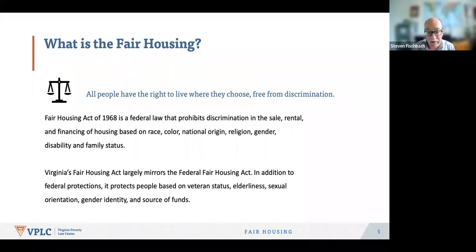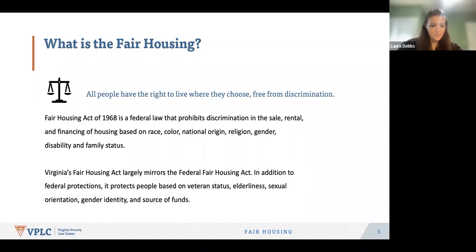There are both a federal law and a Virginia law that ban discrimination in housing. The people who are covered by the laws differ slightly, and we will go into that. But basically, almost everyone is protected against discrimination in housing.